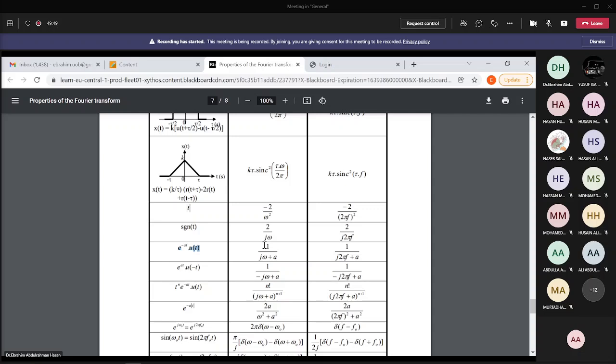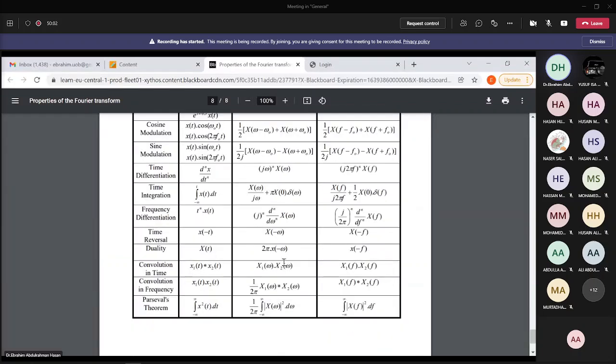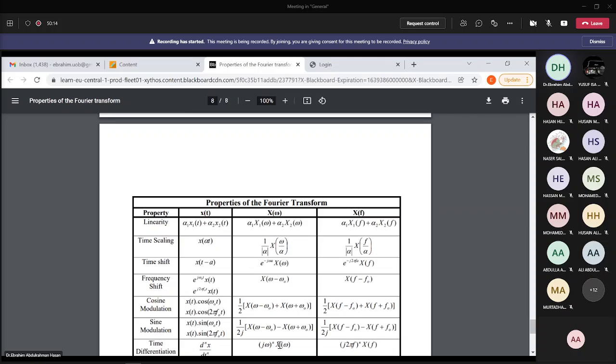So it is similar, but instead of omega we have t. Don't forget we are working with omega, then duality. It is 2 pi multiplied by x of minus omega. So don't forget the 2 pi multiplied by x.